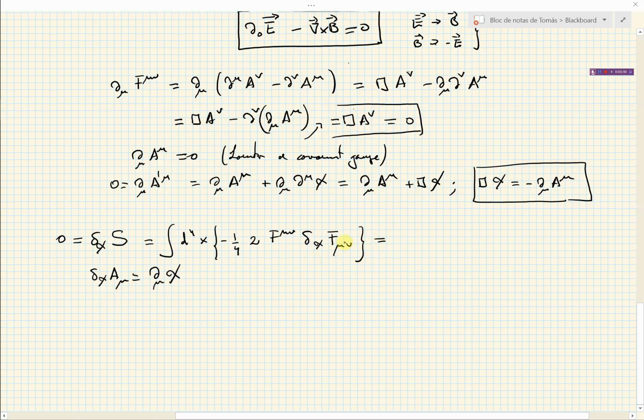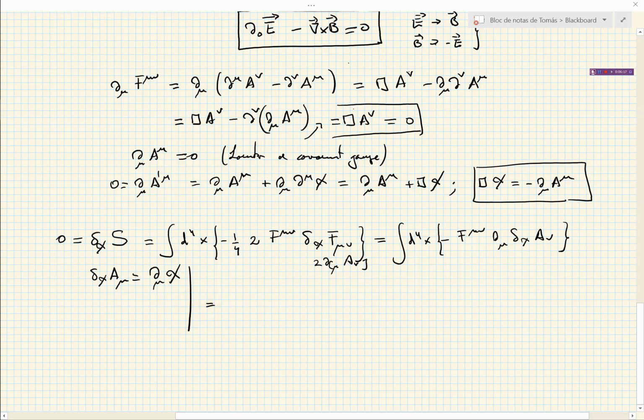Then I know that this is 2 times this anti-symmetrized, so this variation commutes with the partial derivative, so I get it inside. I get another factor of 2, and this is just minus F mu nu partial mu delta chi A nu.